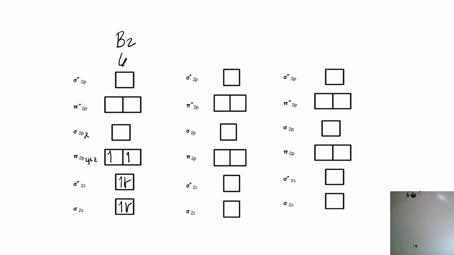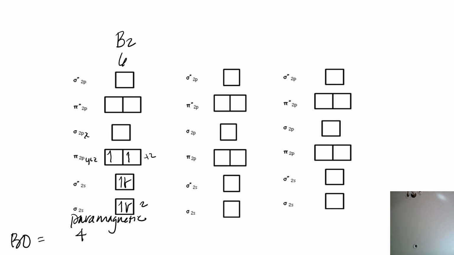So now we have unpaired electrons, so that means that this is a paramagnetic molecule. And when we determine bond order for this, we're going to count once again the number of electrons in bonding orbitals, of which there are 2 plus 2, or 4.